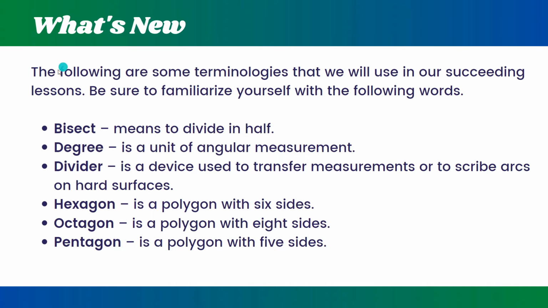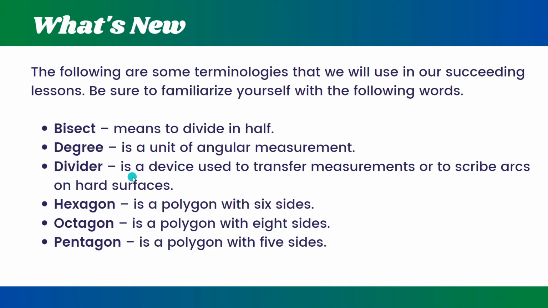What's new? The following are some terminologies that we will use in our succeeding lessons. Be sure to familiarize yourself with the following words. Bisect means to divide in half. Degree is a unit of angular measurement.